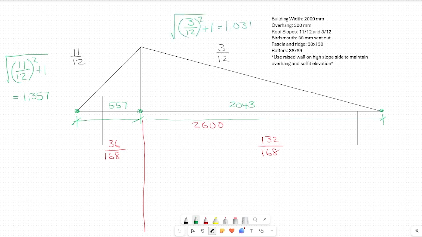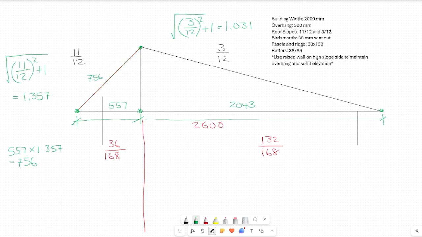Now, just like a regular common rafter, I can take the run of the rafter, which in the case of the high slope side is 557, multiply it by the slope gain factor, and I'll get 756. What that tells me is that the distance between these two theoretical points here is 756 millimeters.